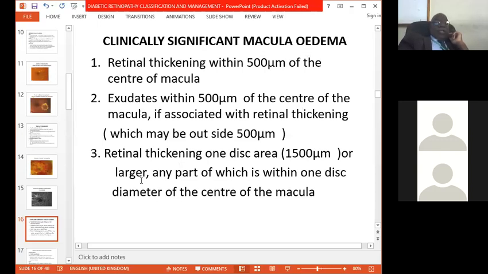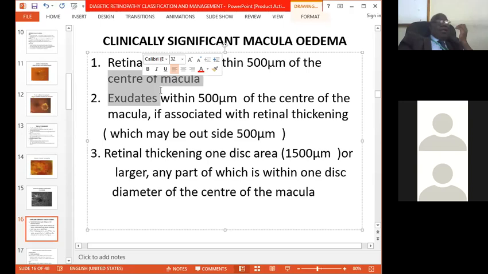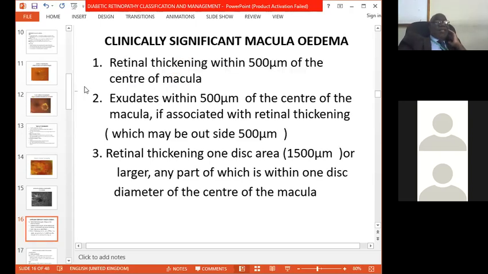Because if you've got this large area of thickening within one disc diameter, there will be edema at the fovea. If you've got these exudates, there will be edema at the fovea. This retinal thickening is because of the edema. That's what is referred to as clinically significant macular edema.